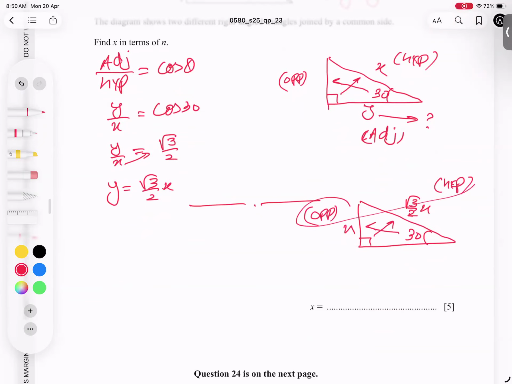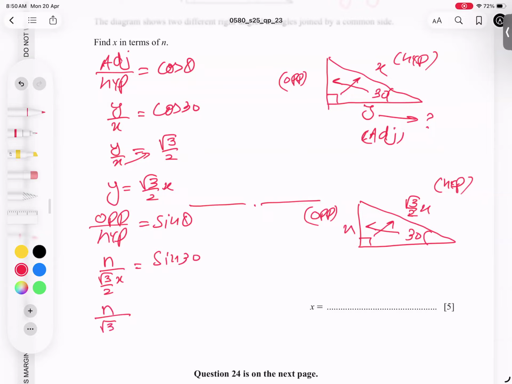Which formula do opposite and hypotenuse come together in? Sine theta. So I'm using opposite by hypotenuse is sine theta. Opposite is n, hypotenuse is root 3 over 2 times 2x, and sine 30. Sine 30 is basically half. Now this will multiply there directly.